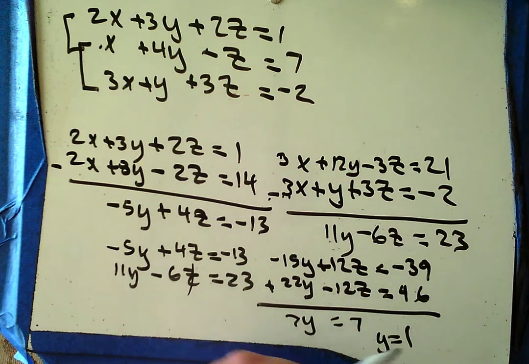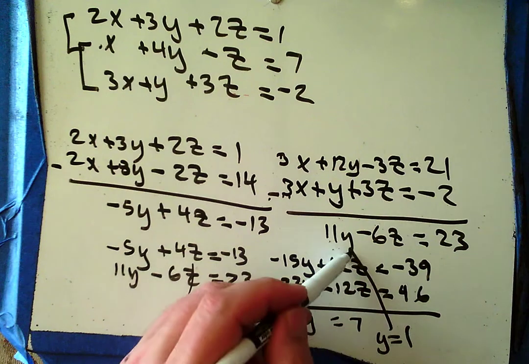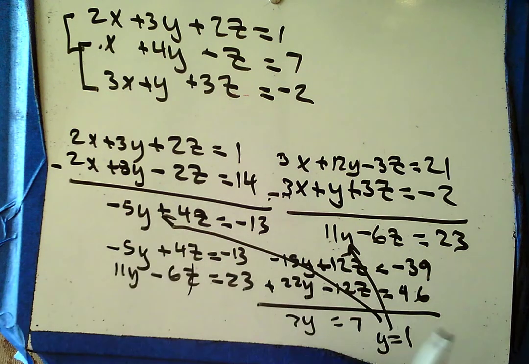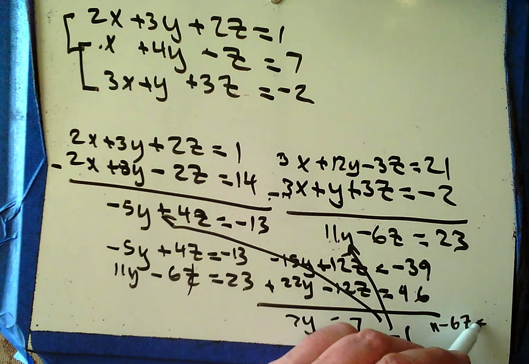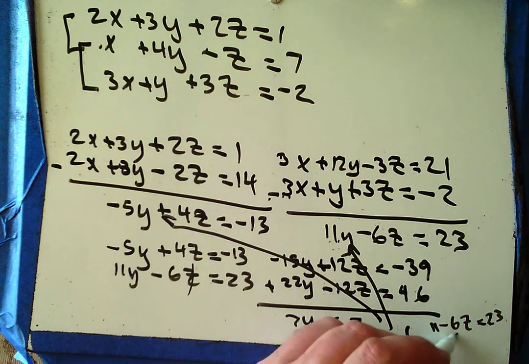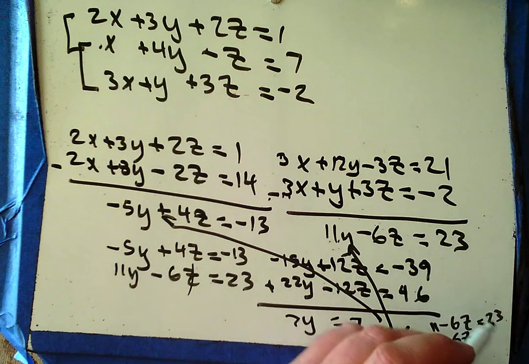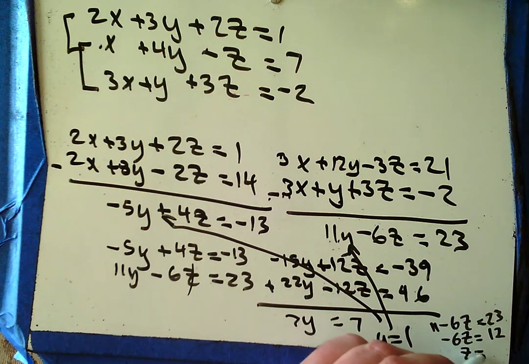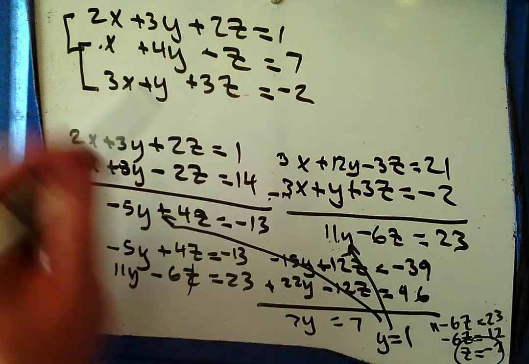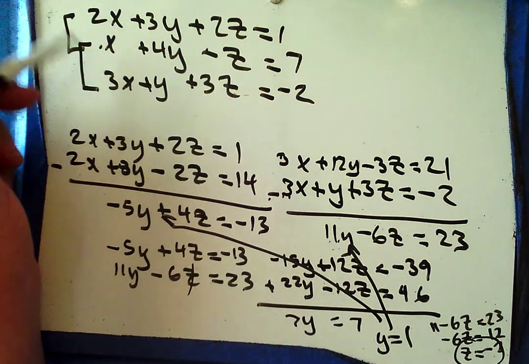And now that I know what y equals, I can plug this y back into either of these equations. So 11 minus 6z equals 23. Negative 6z equals 12. Z equals negative 2. And now that I know what y and z are, I can plug them into one of these equations.